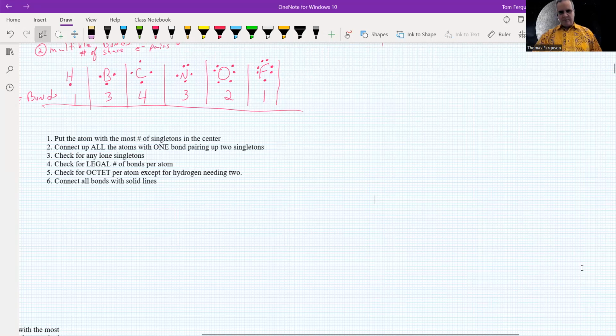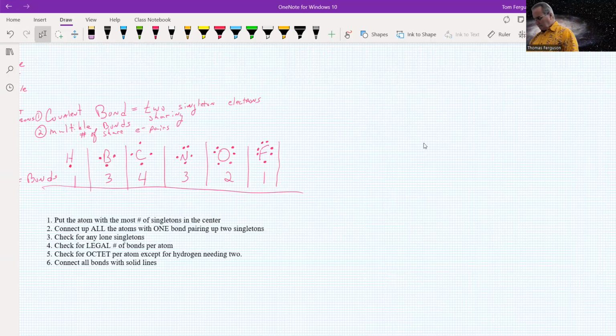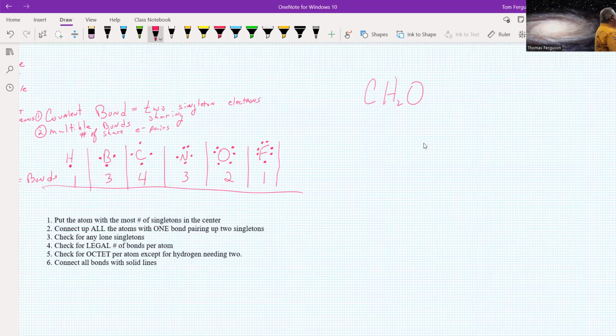Okay, so let's do another one. This is called formaldehyde, by the way.